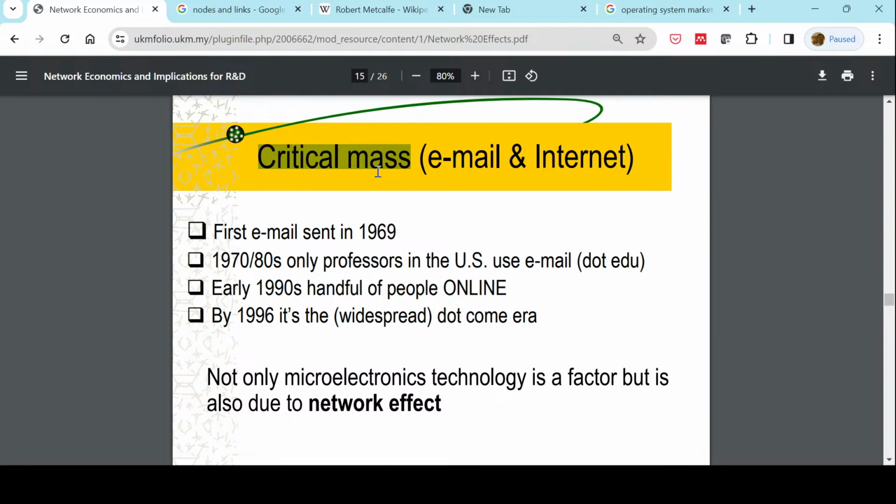By 1996, during the .com era, the internet had become widespread. Not only microelectronics technology became the factor, but more importantly, internet usage increased exponentially because of the network effect. Email is the same, email and the internet.